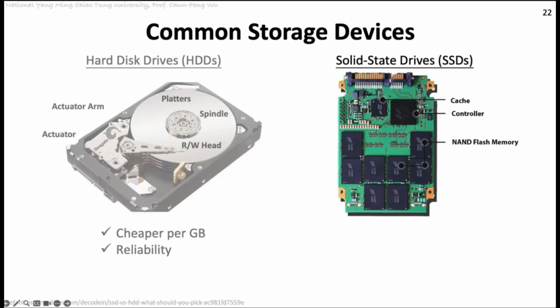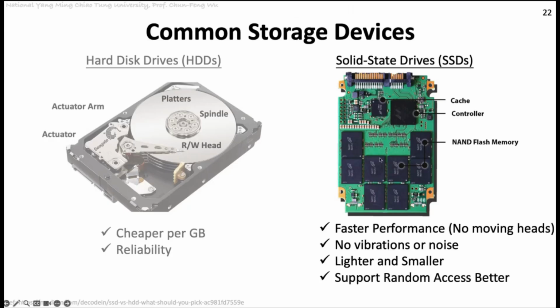So there are no moving parts. This is the reason why SSD is so light, and there is no sound when you are using it, because the controller, just like a CPU, uses circuits to read out the data from the NAND flash memory chips.